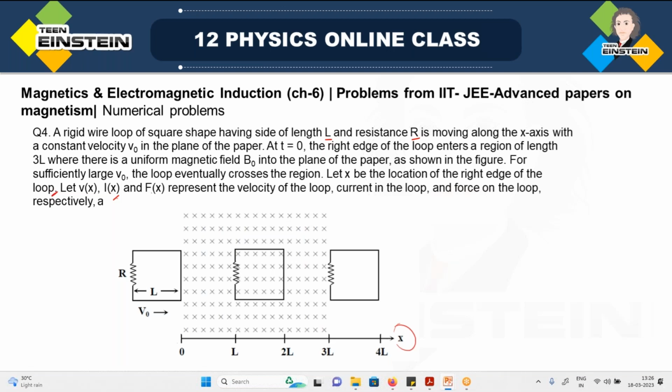Then you will be able to find the answer. So this is a problem of motional EMF, as I said, and you can solve it by considering Lenz's law and magnetic force.